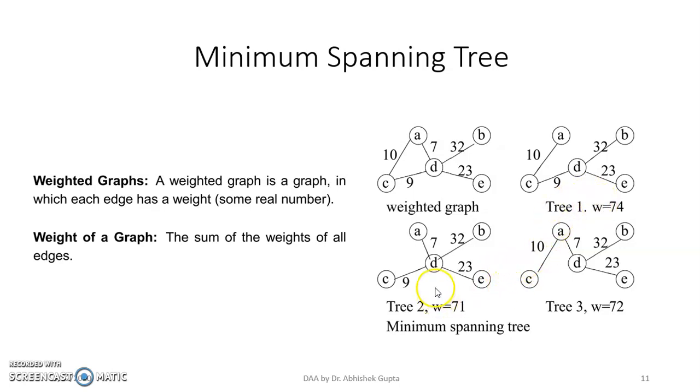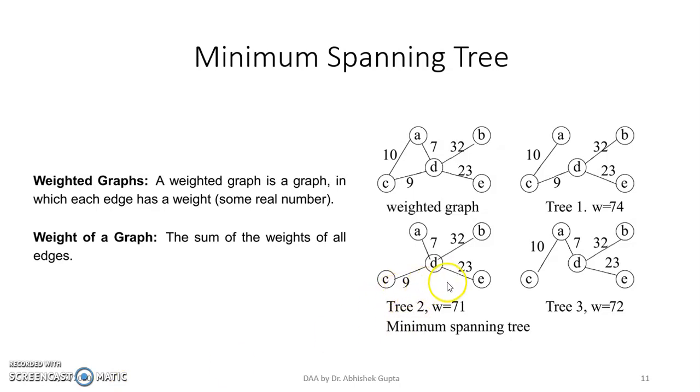Now you see, you are having three trees from this graph, right? And the weights are 71, 72, 74. Now the minimum weight is 71. You see over here, the minimum weight is 71, right? So if this minimum weight is 71 from the possible trees, then I can say that this tree is having the minimum cost. So that's why this is the minimum spanning tree, right?